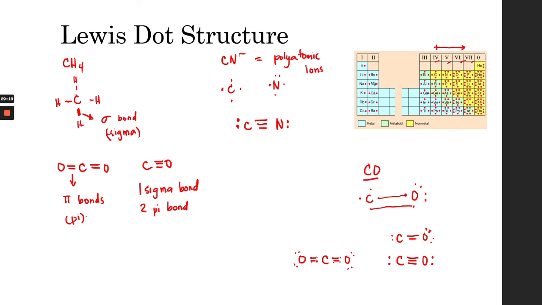But this is something that I want you guys to remember. If we have double and triple bonds, those are pi bonds. Single bonds are just sigma bonds, like the ones we have in CH4. So just do not forget how to do the Lewis structure. Again, this is just the basics of Lewis structure.